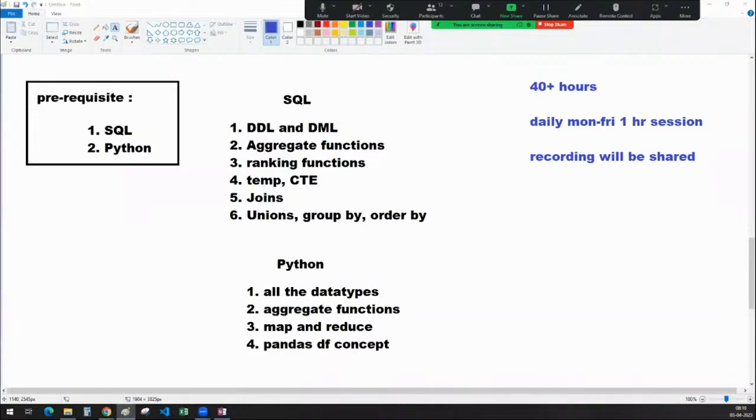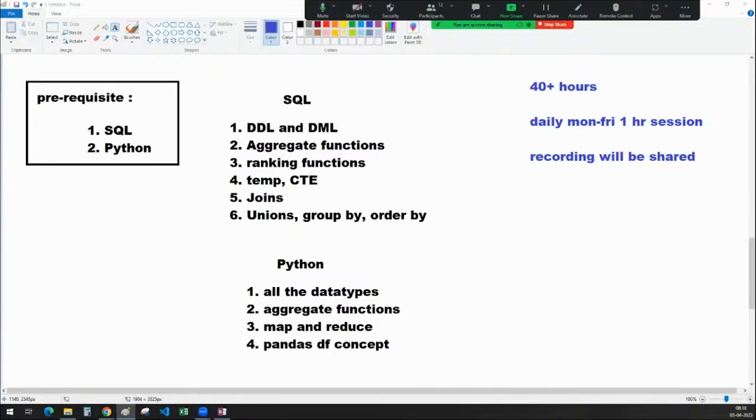Yeah, it will be really helpful for you to take this course. Data engineering is a foundational course, and in our course I will be starting from very basic to advanced.